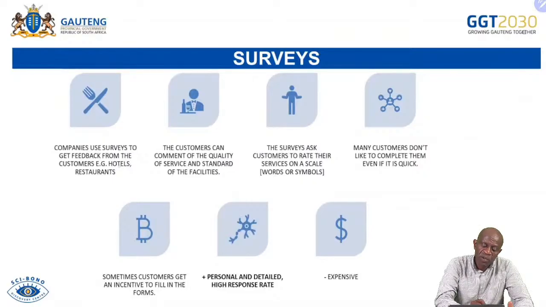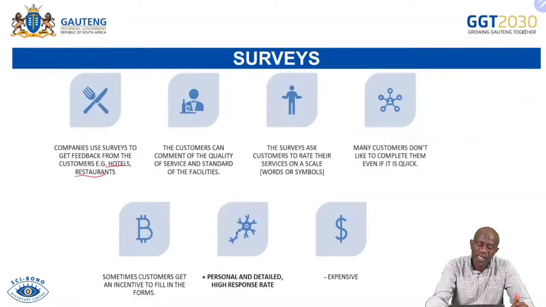Examples of such companies or businesses alluded to on the slide here are hotels and restaurants. So they use, by and large, surveys to get those complaints, those levels of satisfaction from their customers. And examples of such businesses are hotels and restaurants.